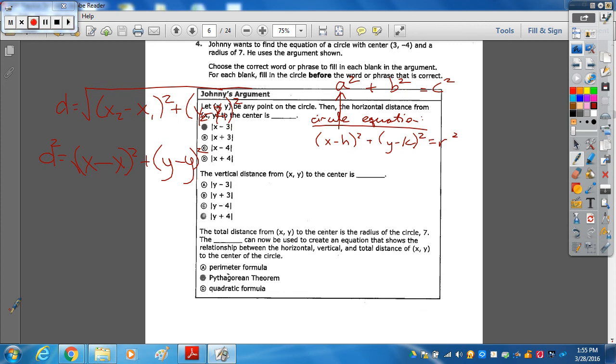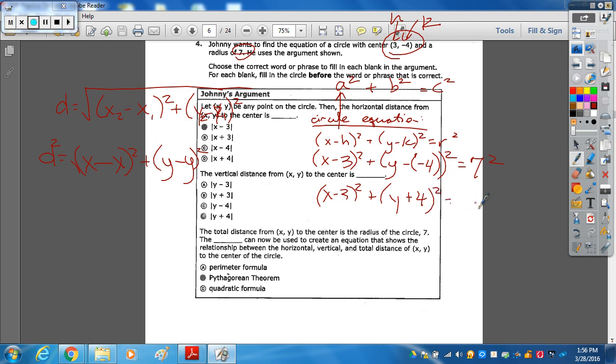So as I use my information here, this is my h and my k, h, k, and so we have x minus h squared plus y minus k squared is equal to the radius squared. The radius was given to us right there, okay? So if I simplify this up, there's nothing to simplify in the first parentheses.